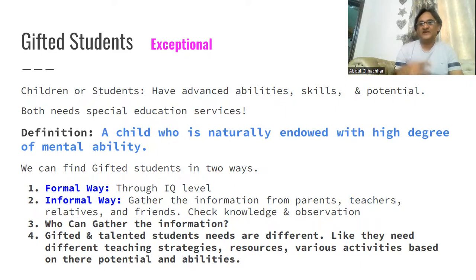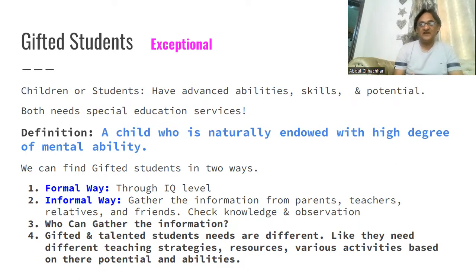Now, who recommends these standardized tests and assessments? The stakeholders or the evaluation department. As in the UAE, the KHDA and the Ministry of Education recommend their standardized tests in order to measure, or international tests like PISA, TIMSS, and all these things. These are the standardized tests to measure the students' IQ level.